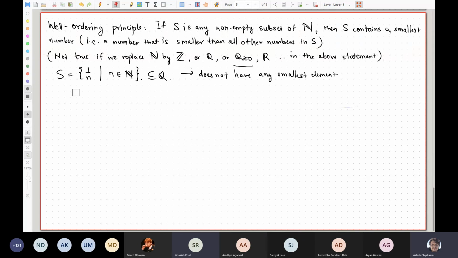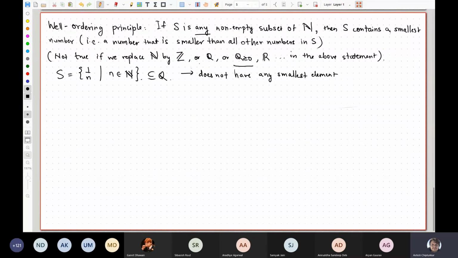But the well ordering principle says that every non-empty subset of N has a smallest element. So if you replace N by, let's say, Q, and you construct one set which does not have a smallest element, that is good enough to say that the well ordering principle does not apply to the set of rationals. Okay, Isha?